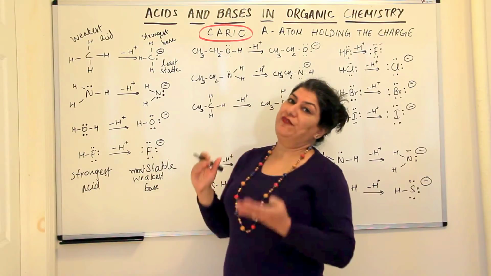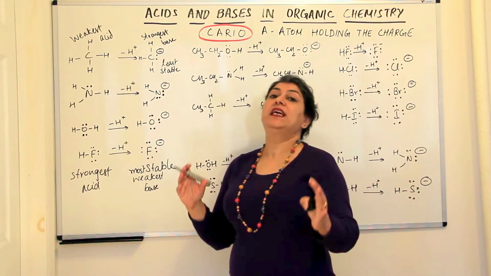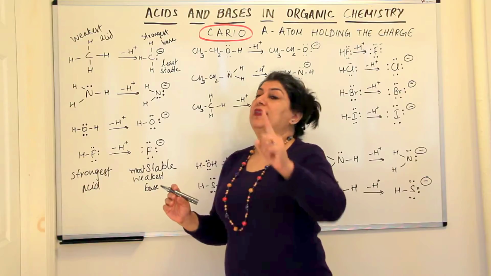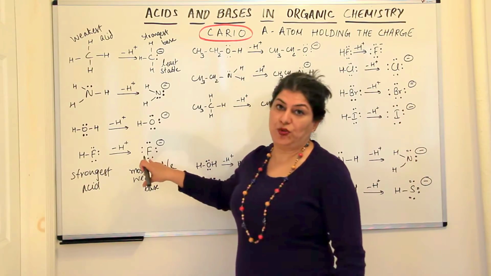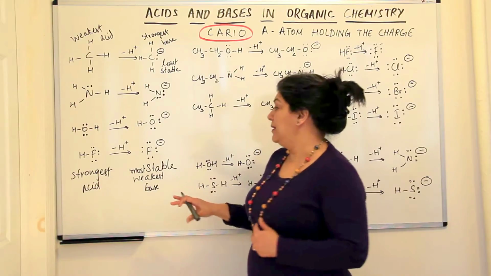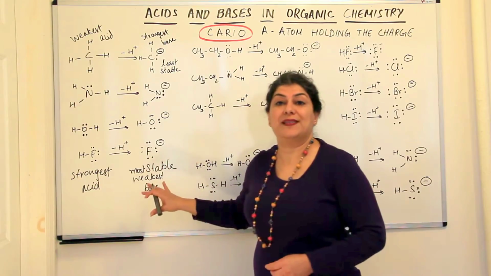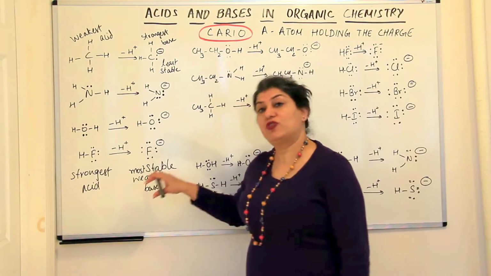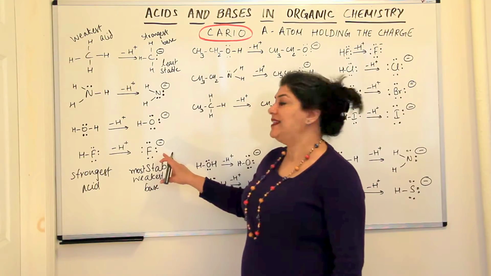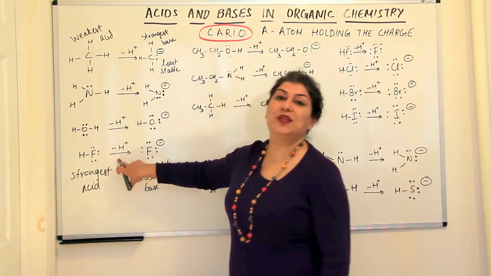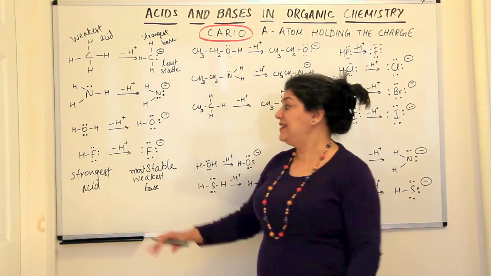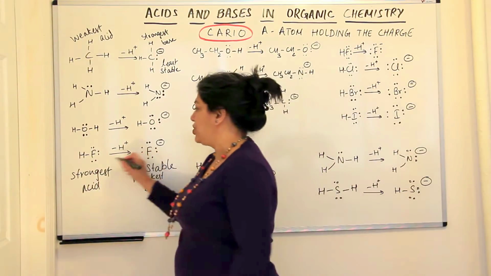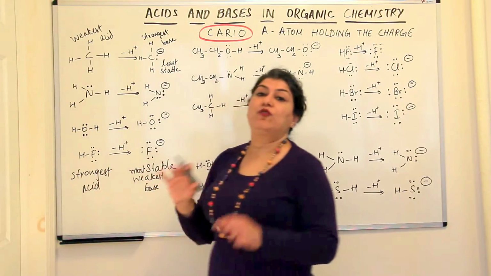As we move from left to right, electronegativity increases, and therefore the atom which is to the extreme right, which is most electronegative, will form the most stable base. And if it will form the most stable base, it will have no tendency to react with the hydrogen ion again to reform the acid, and hence in the equilibrium equation the dissociation of HF would be the most.